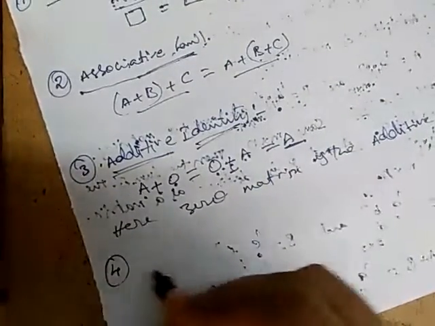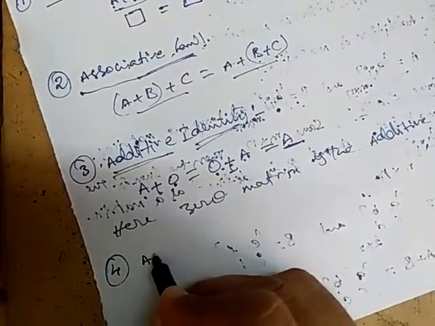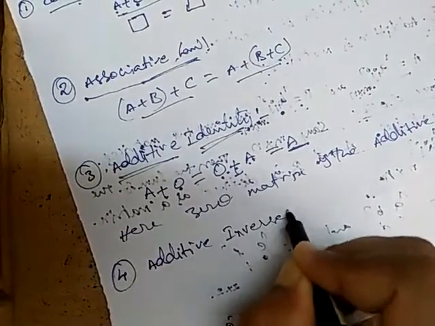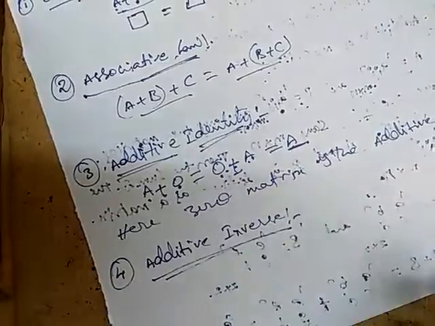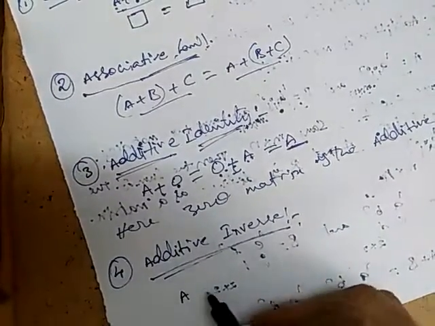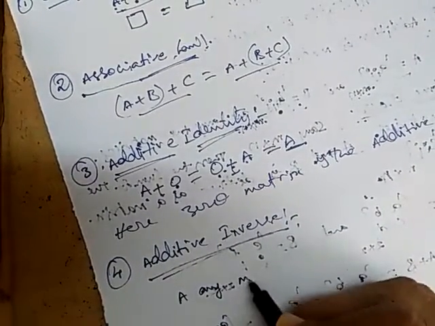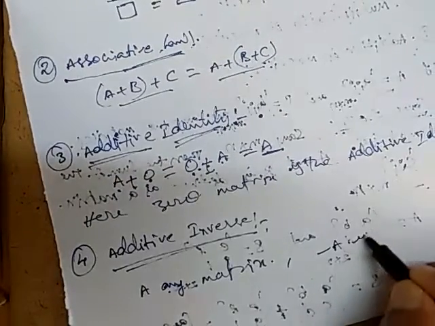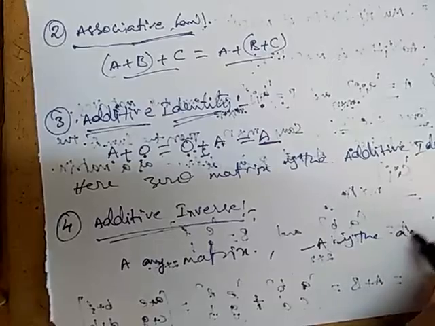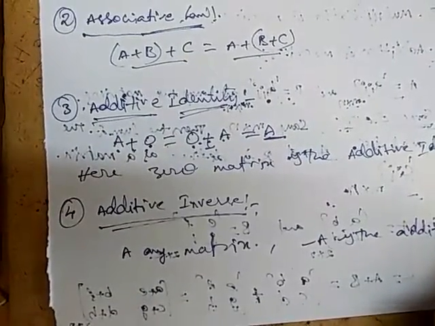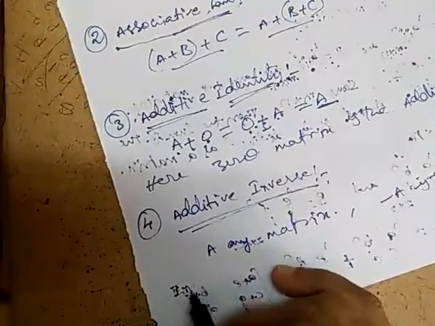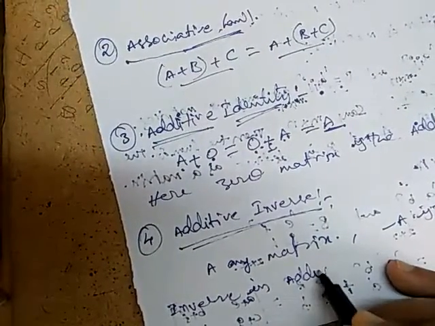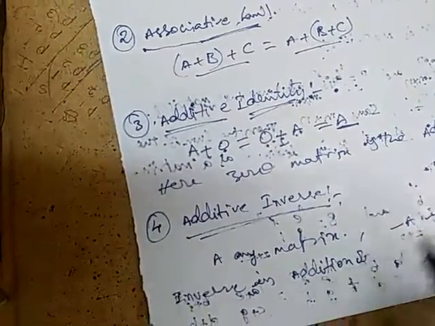Fourth one, additive inverse. Suppose A is a matrix, then minus A is the additive inverse in addition of matrices.